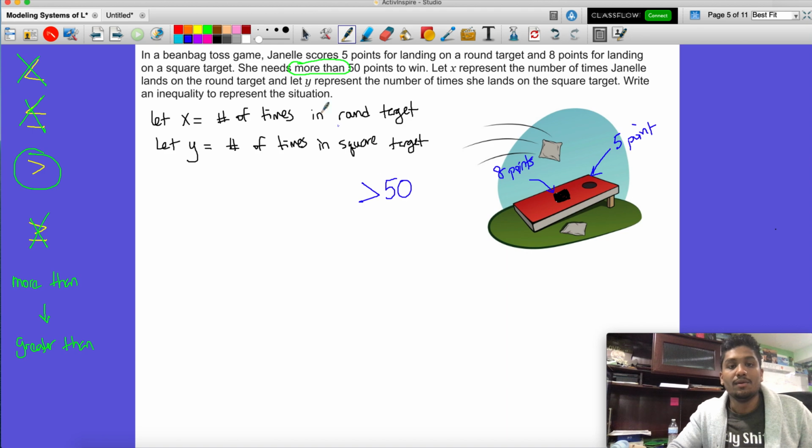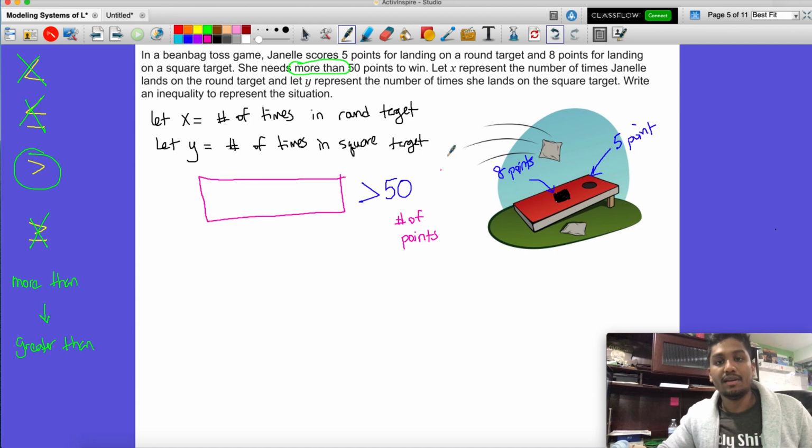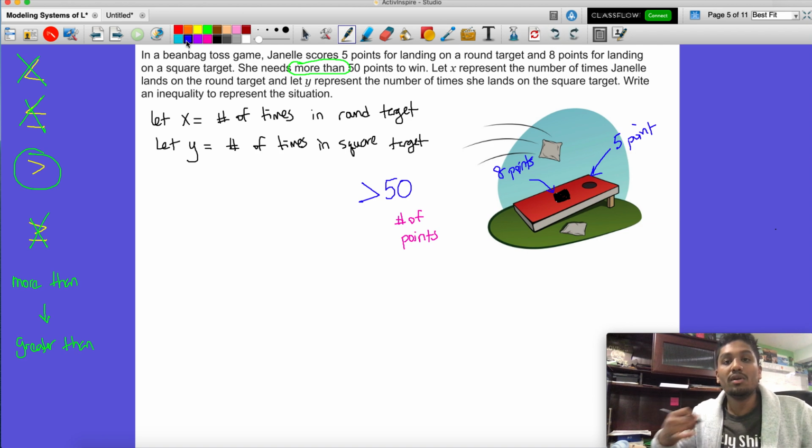Now, right below that, what I'm going to write is the number of points. It's very important that we understand that, because everything on this side must be about points. Before we get into that, we need to discuss how the points are made. How do you get a point?